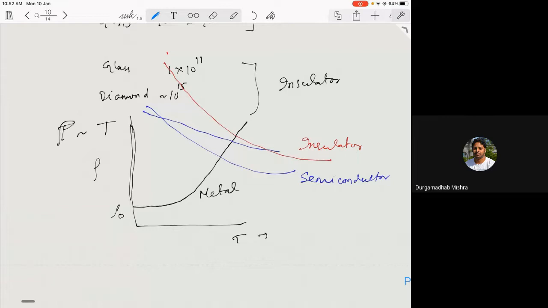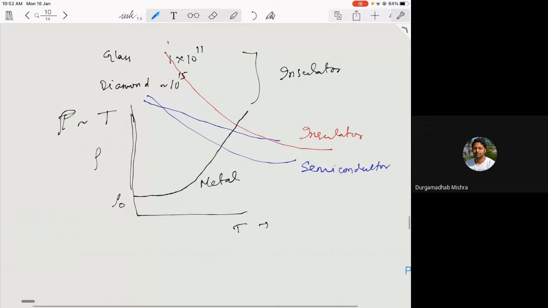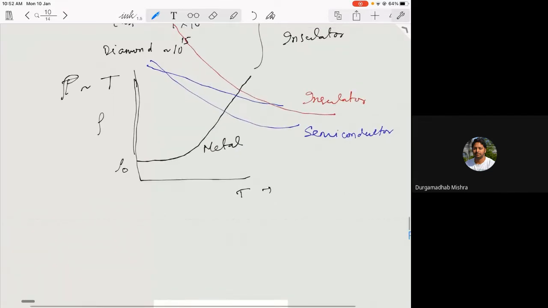If I solidify rapidly, if I cool down rapidly, that is a process known as quenching. If I do quenching, that means I am at a higher temperature in the molten state and I rapidly cool it down.